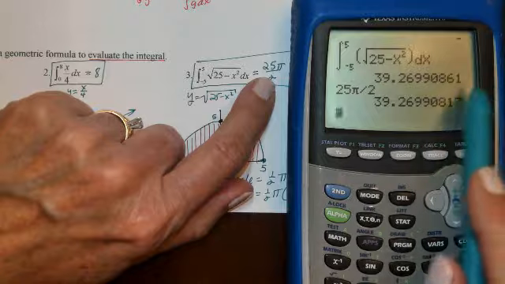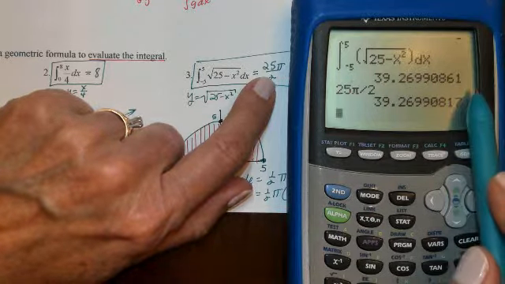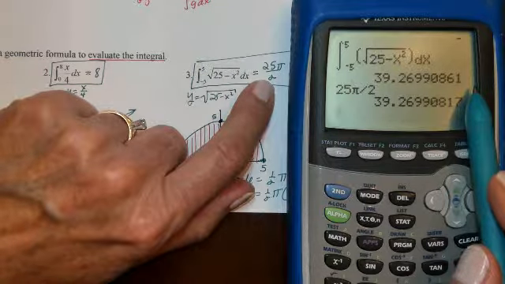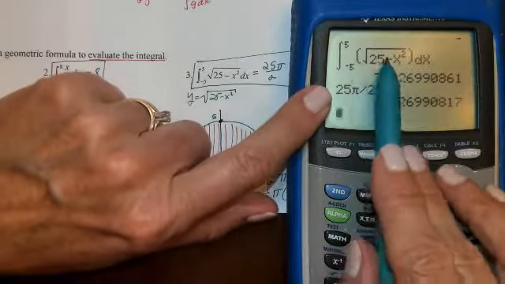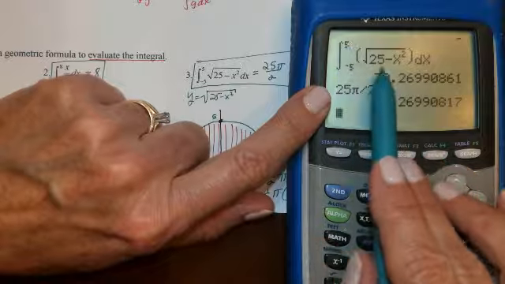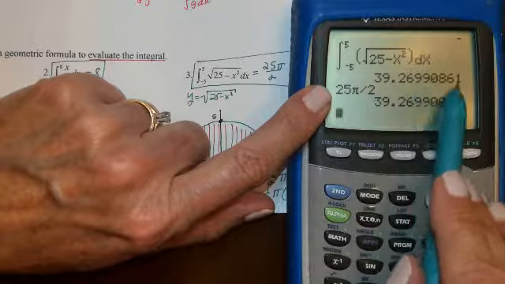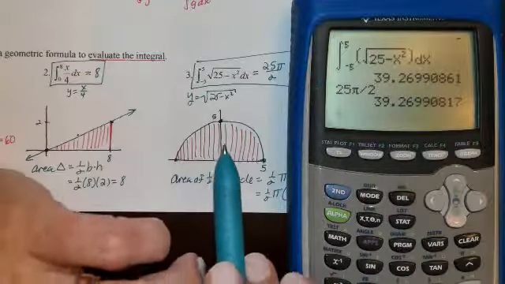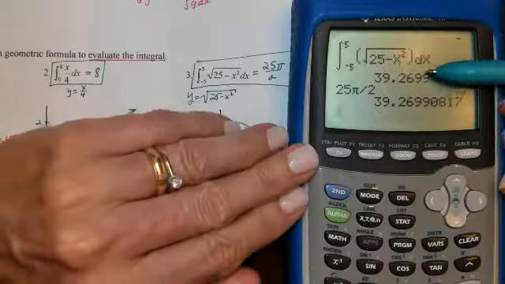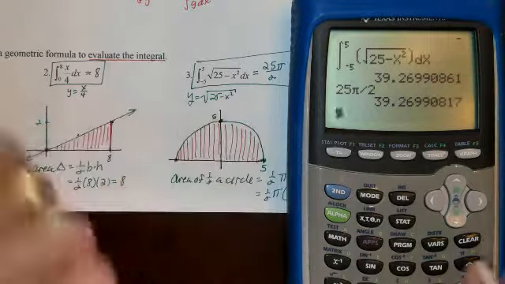Sometimes the error is way back here, far enough out of our calculator's display. But there's always an error with a numerical method. So when your calculator spits out a definite integral value, know that that's close, but there might be an error there. Usually we don't care, okay? And it's always going to be accurate to 3 decimal places, so we're good in our course.